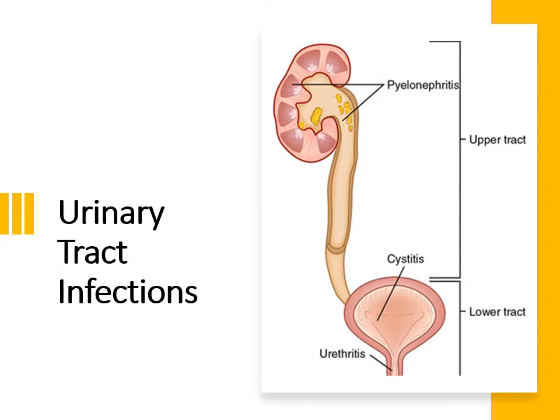It does give you symptoms of dysuria, which is painful urination, frequency, meaning I'm urinating all the time, and urgency, meaning when I have to urinate, I have to go right now or I'm going to be incontinent. So those are symptoms of a simple cystitis.